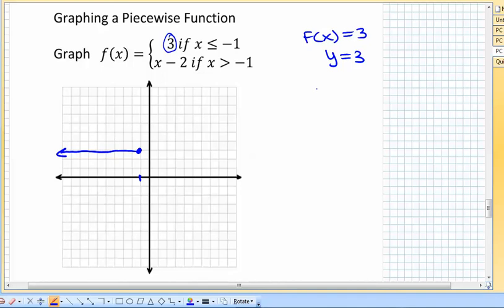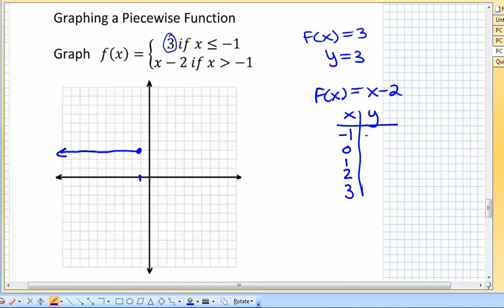The second equation, f of x equals x minus 2, applies to all the values that are greater than -1. So if I start with -1 and make a table of values greater than -1: -1 minus 2 gives me -3, 0 minus 2 gives me -2, then -1, 0, and 1.